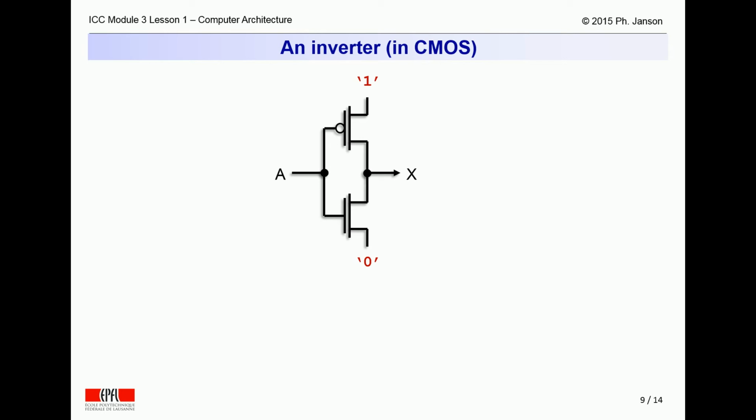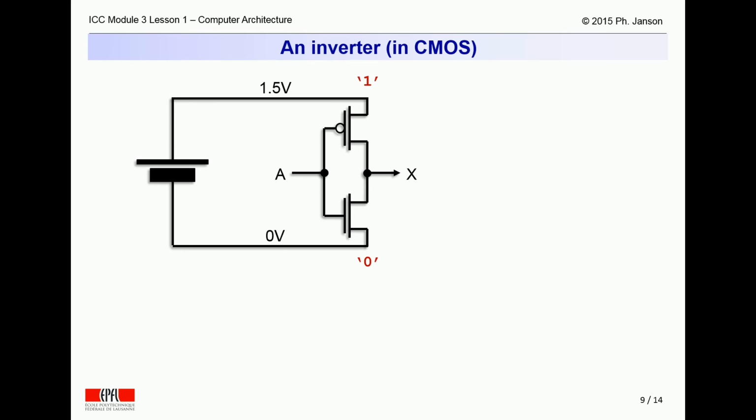The picture shows such an inverter built out of just one NMOS and one PMOS transistor with one input A and one output X. Indeed, if one connects the top of the circuit to a power wire, 1.5 volts, and the bottom of the circuit to the ground, 0 volts, the output X will always be the opposite value of the input A, as can be verified on the next slide.